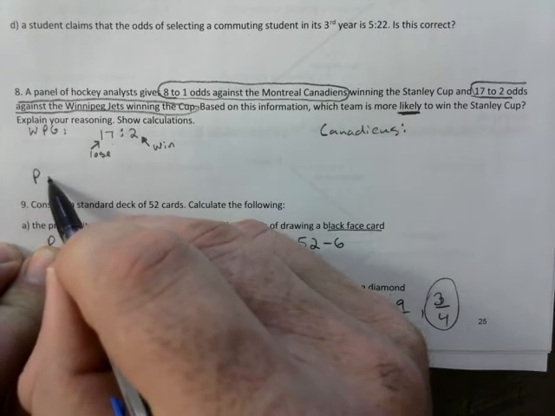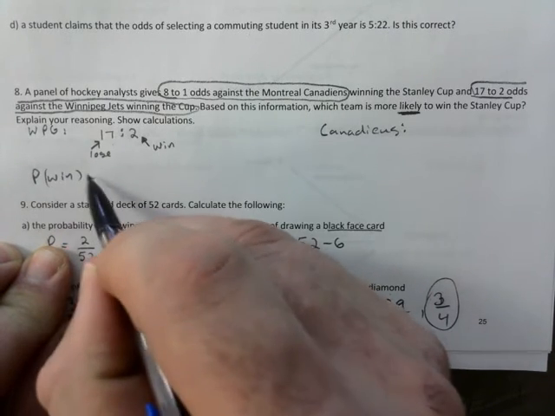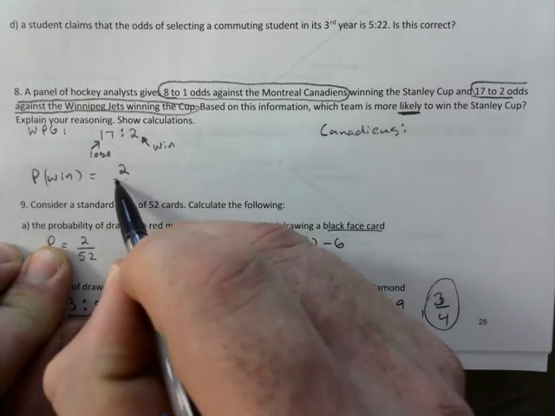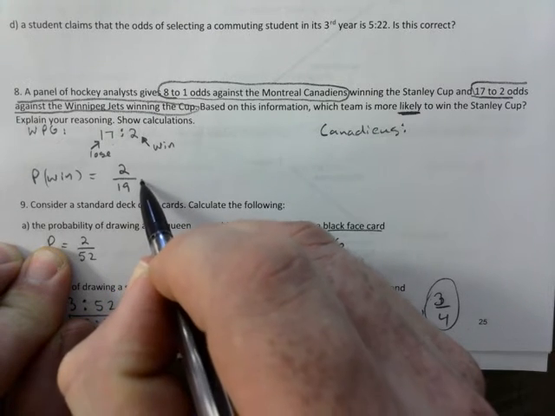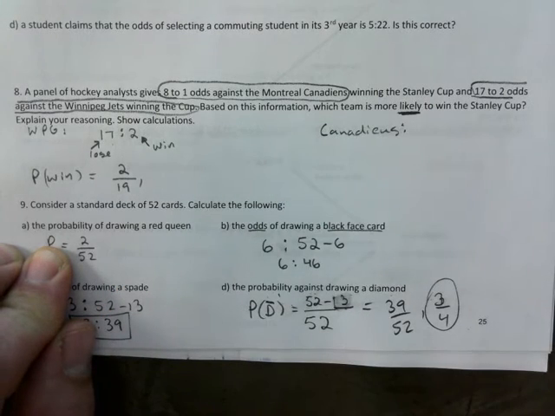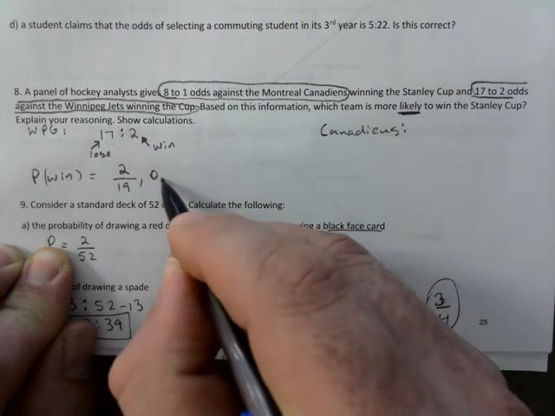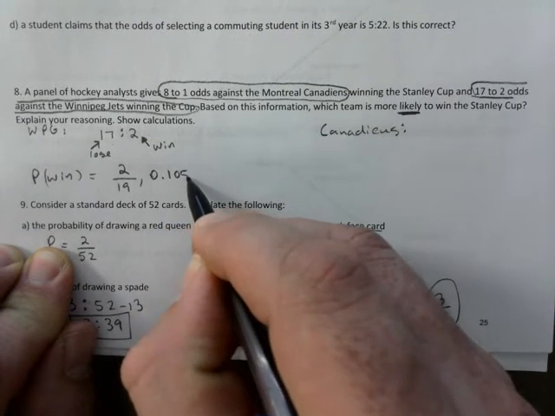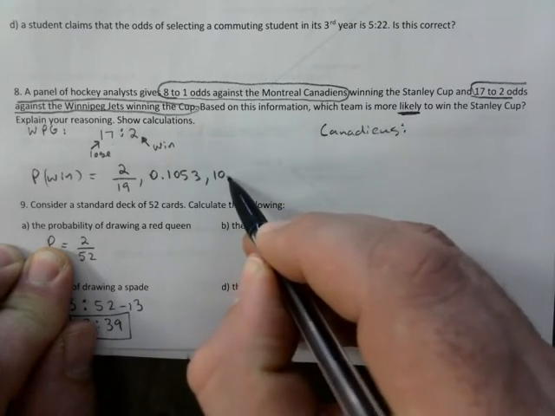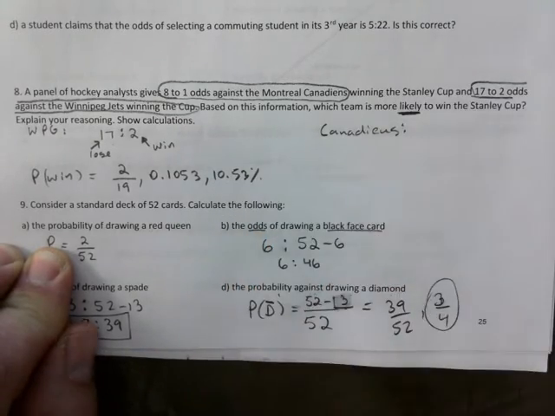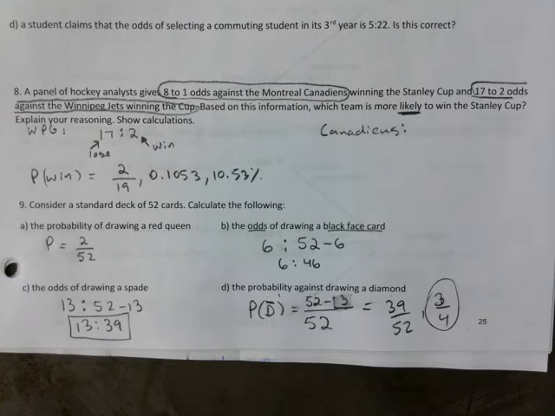So the probability of the Jets winning is what? 2 over 19. Turn that into a decimal. 2 divided by 19 is 0.1053, which is a 10.53% chance. Is that a good chance? Not a very good chance, is it?